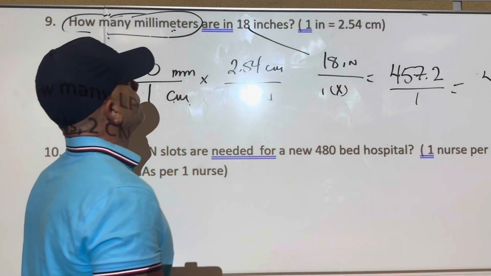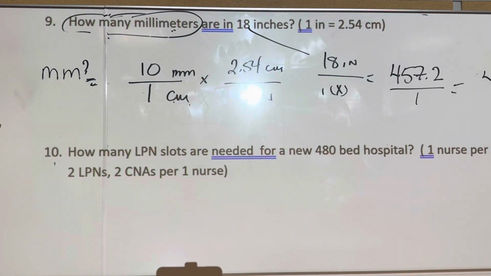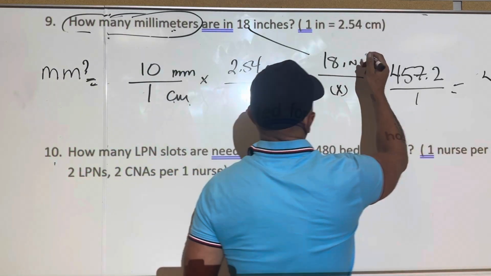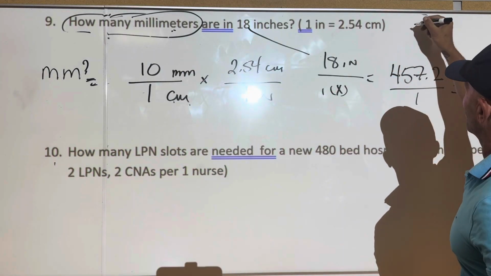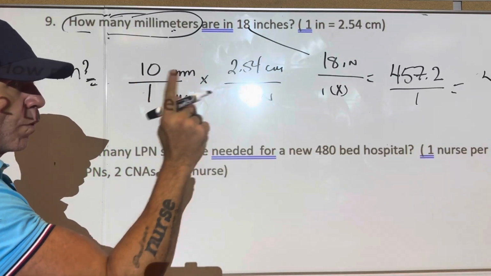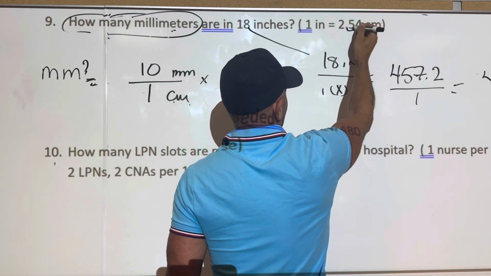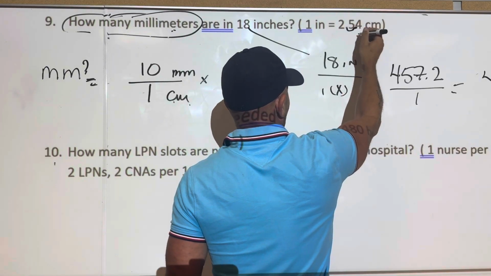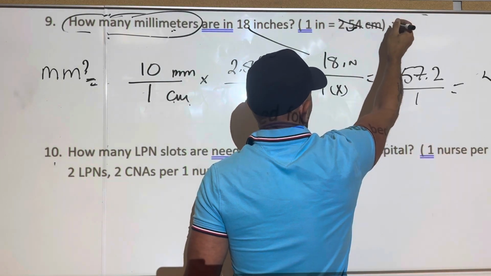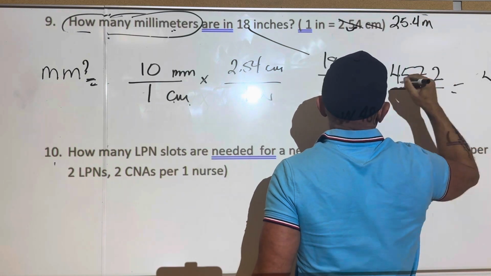Now, if you want to check your work, all right? We know if we want to convert centimeters to millimeters, it's 1 0, right? Or 1 decimal. So we take that over to 25.4 millimeters, right?